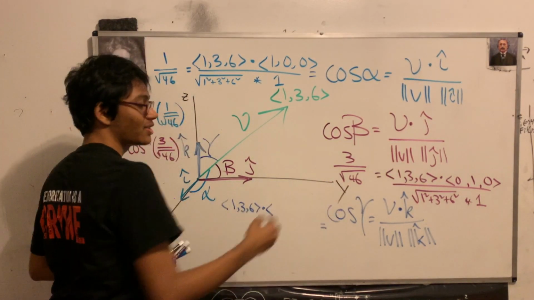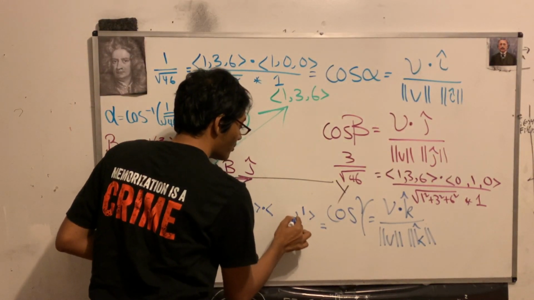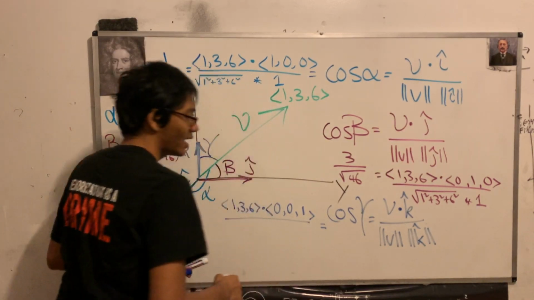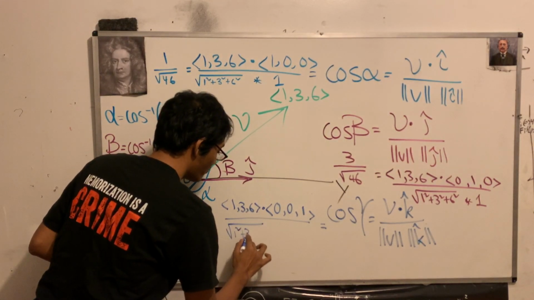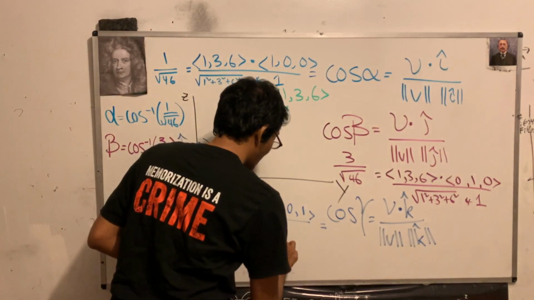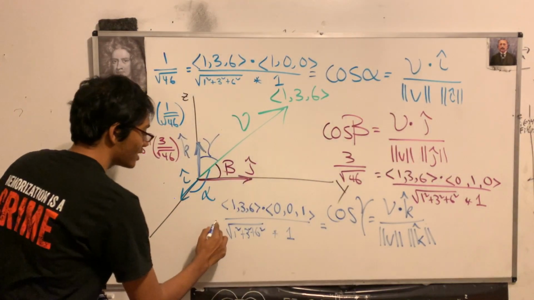Dot, what's my vector k hat? Well, my z component is going to be 1, but my other two components will just be 0. Divide all of that by the magnitude of my vector v, and that's just going to be square root of 1 squared plus 3 squared plus 6 squared times the magnitude of k hat, which is just going to be 1, right?